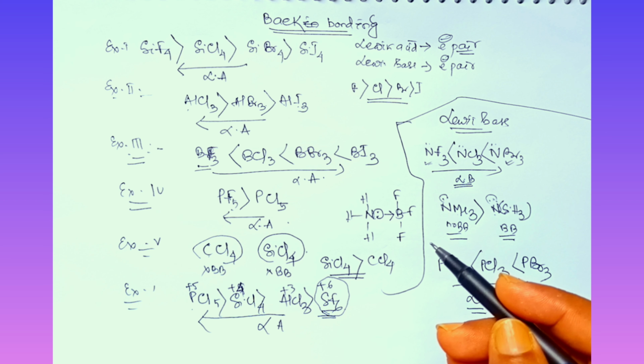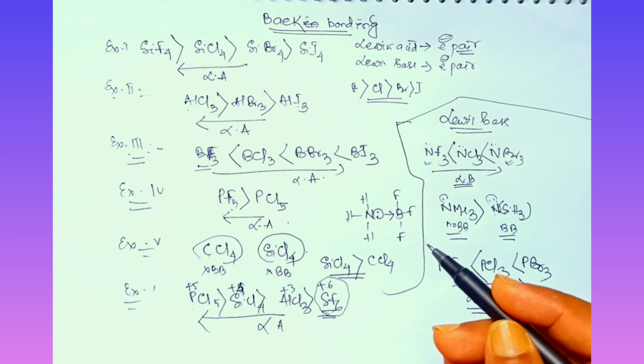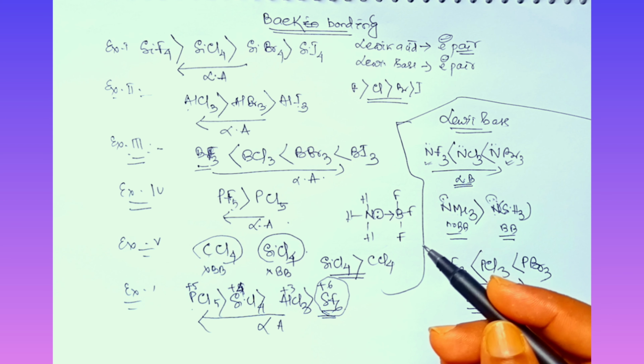If it is applicable, then we decide the Lewis acid or Lewis base character depending upon the back bonding concept. If there is no effective back bonding, then we have to decide the pattern according to our usual knowledge, that is, electronegativity value, inductive effect, all these things.